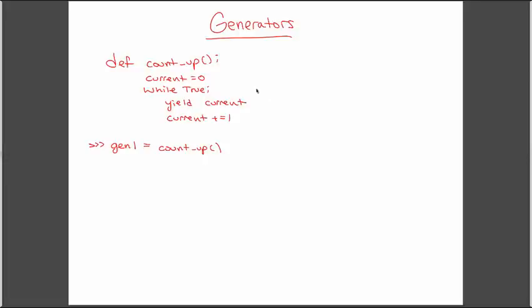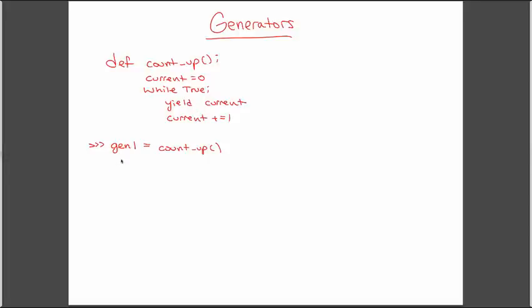When I call this generator with no arguments, Python is going to look and see that it finds a yield keyword in here. And so instead of executing the code inside of countup, it's simply going to return a generator object.